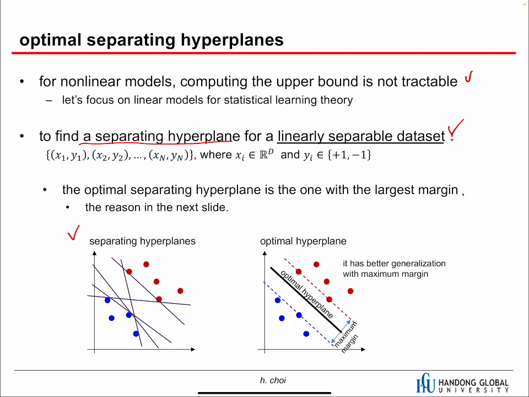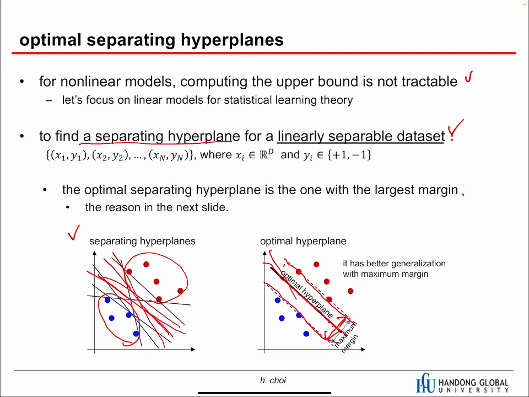When we have a linearly separable data set with a red class and a blue class, there are so many classifiers, but this one is the best hyperplane. This one is parallel to these two boundaries, and when we maximize these margins, the middle line is the optimal hyperplane. So we have to find how to maximize this margin.